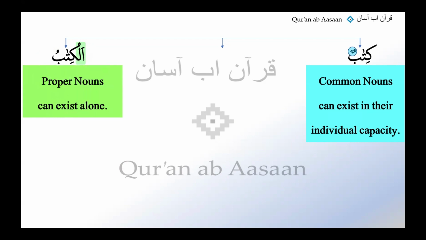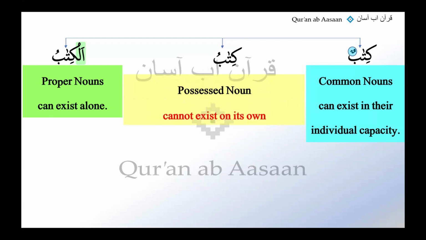Now, today we learned the third form of the noun, which has no al and no tanween. This is a possessed noun. It cannot exist on its own. All right, pay attention.